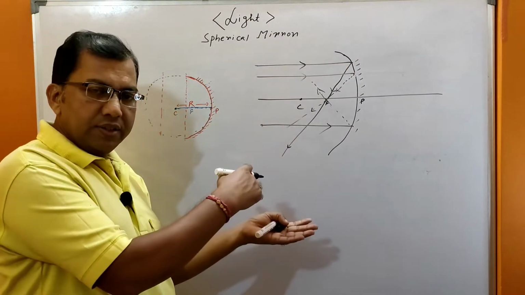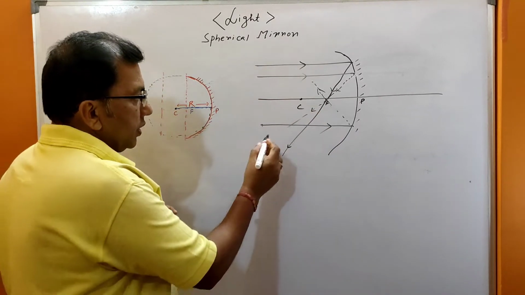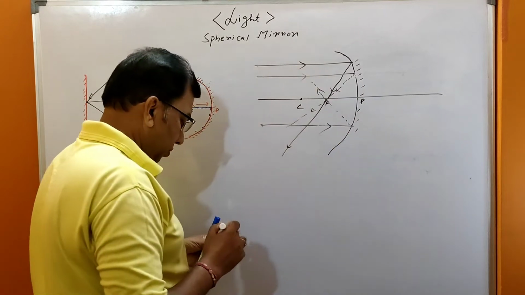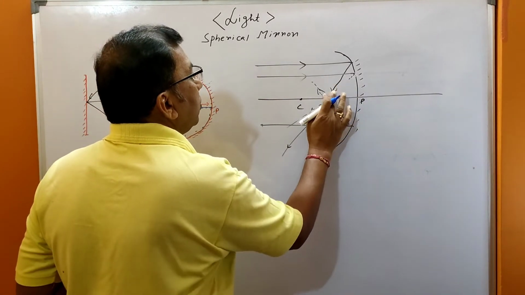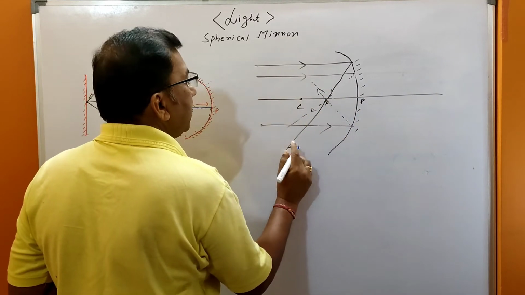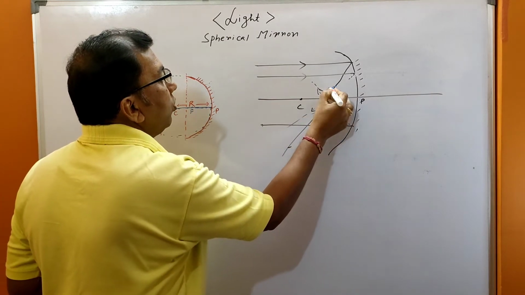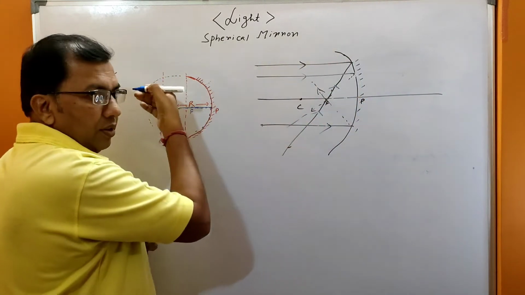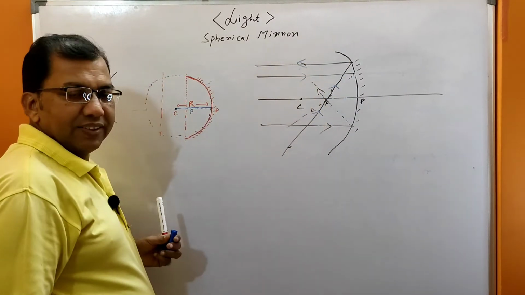Conversely, if any ray passes through the focus, suppose I just give the direction, if this is the ray which passes through the focus, it will return back parallel to the principal axis.